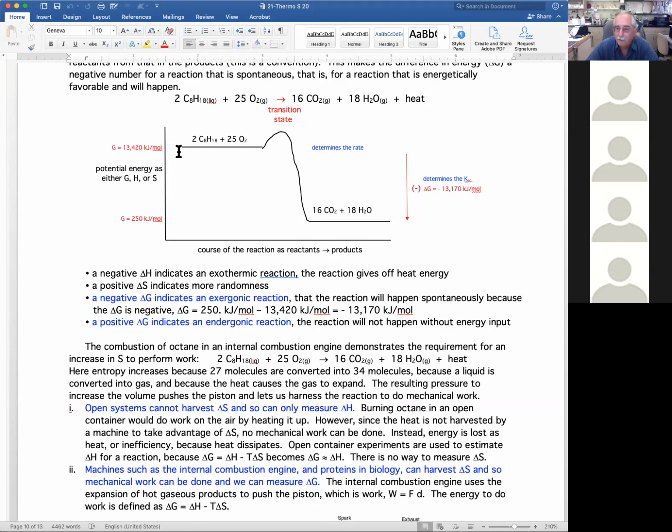Do I put reactants over products or products over reactants? Somebody had to make those decisions, and they're related. So the decision was to take this number and subtract that number. So this turns out to be a negative number. That means that an exothermic reaction like this gives a delta G of a negative number.